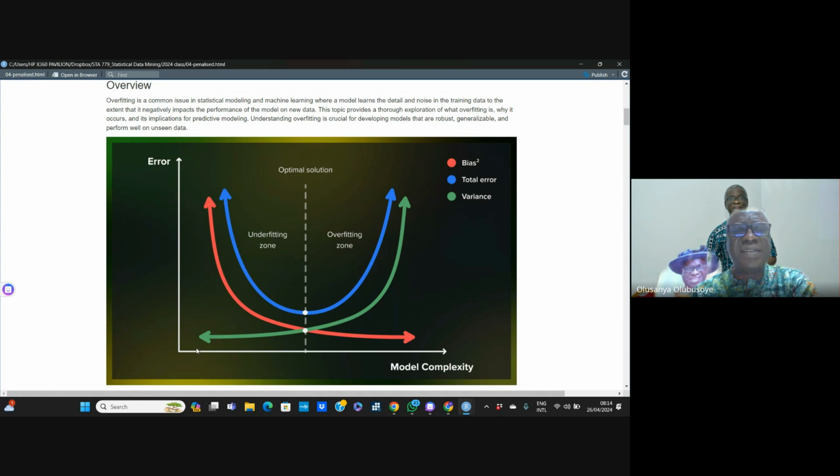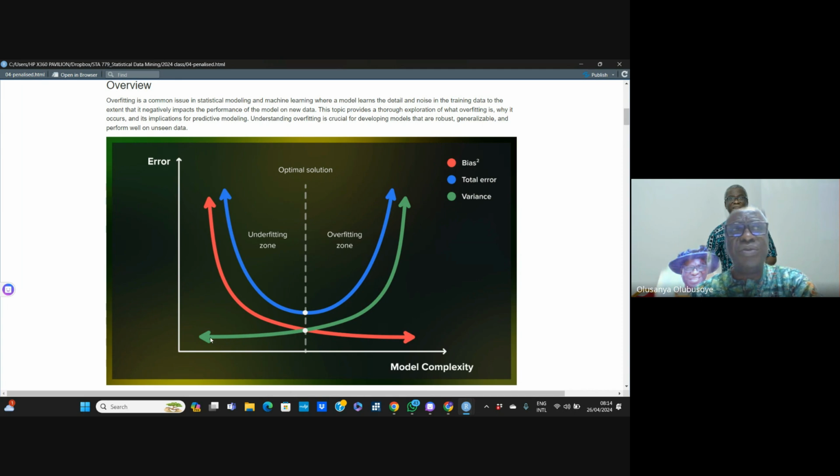But when the model is simple, usually the bias square is very high, and then the variance is very, very low. What that means is that the model will do well outside the data used to train it.